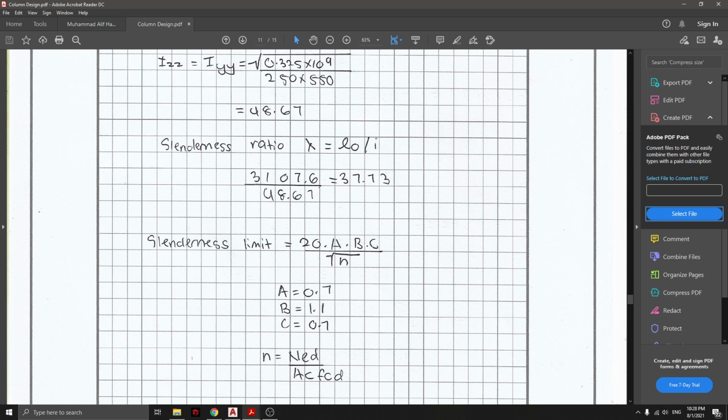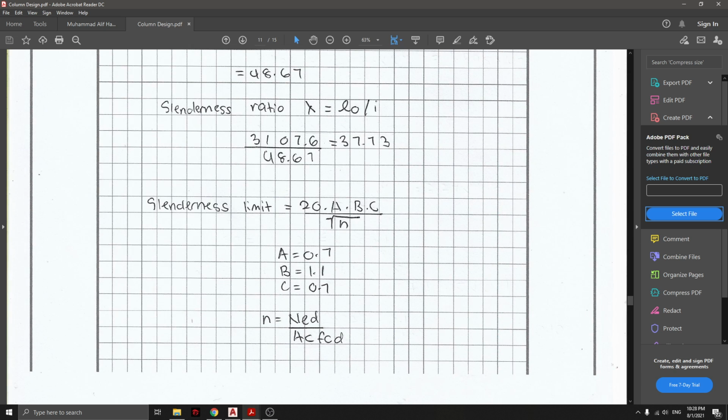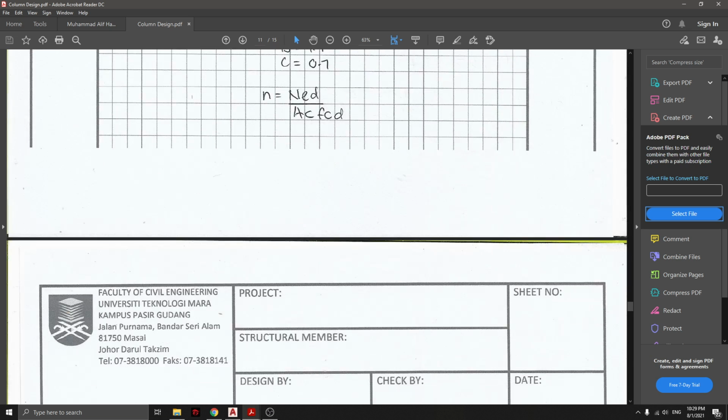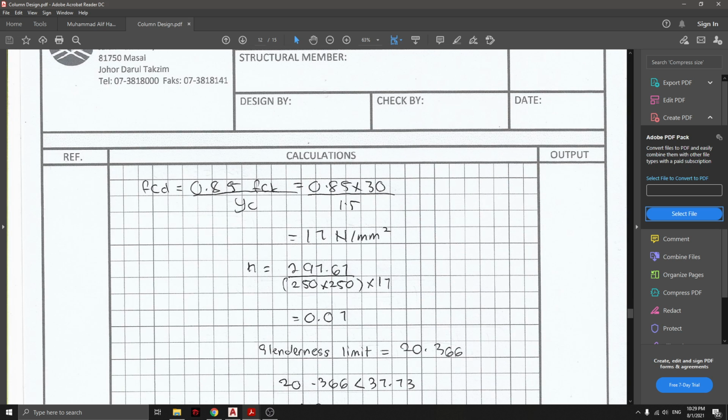We use this formula. My A is 0.7, B 1.1, my C is 0.7, N equal to NED over AC FCD. FCD is 0.85 FCK over YC. YC is 1.5, so I got 17 Newton per millimeter square.